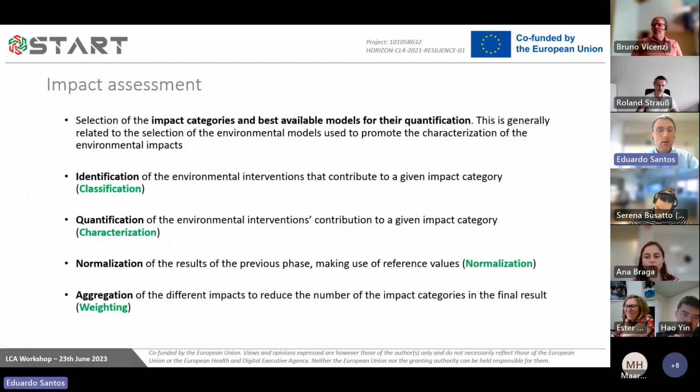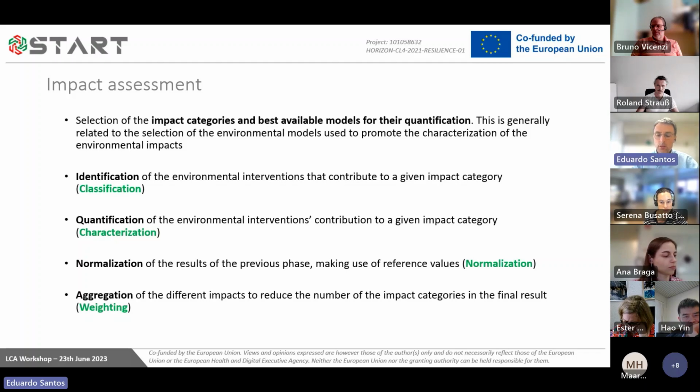So typically the methods used for environmental impact assessment separate into different categories. Then we have a way where we can establish a relation between those different categories.